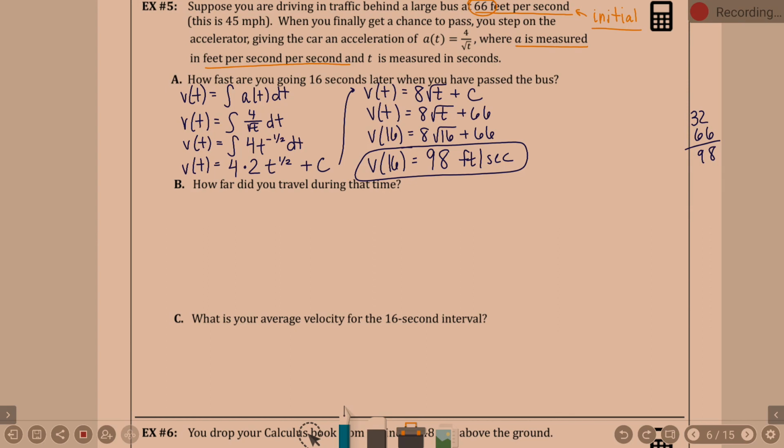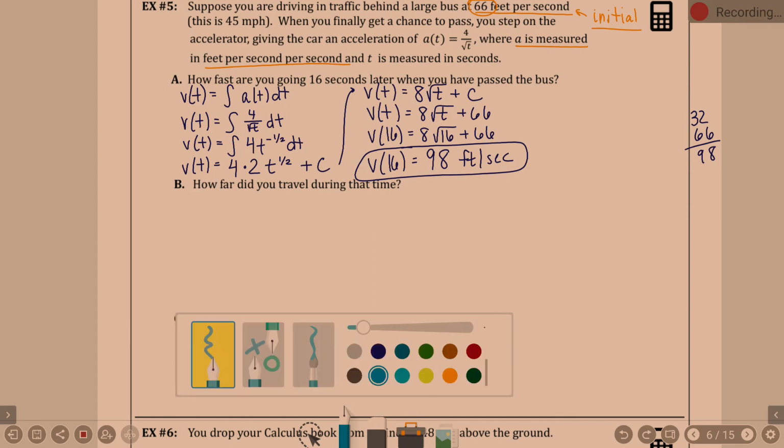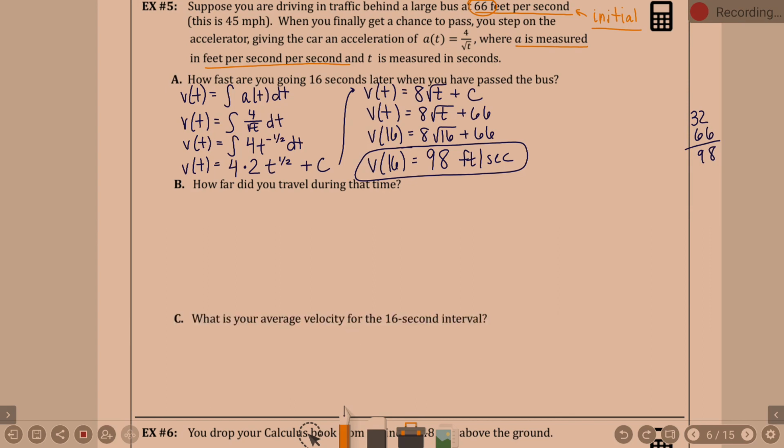Okay. How far did you travel during this time? What are they asking me? Distance. What type of distance? Total distance. They didn't come out and say, what was your total distance during this time? But how far did you travel is total distance.